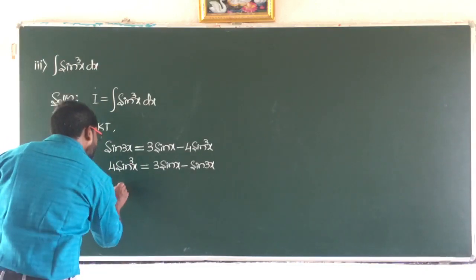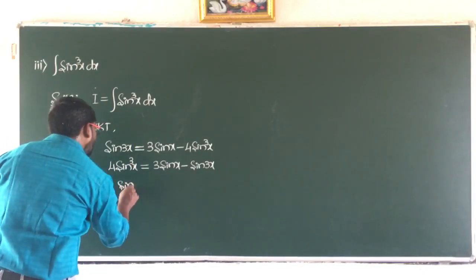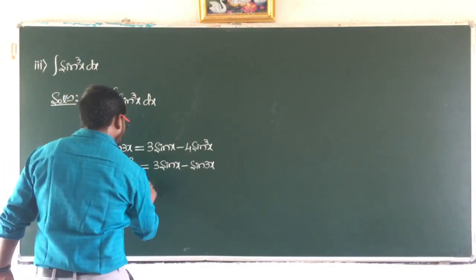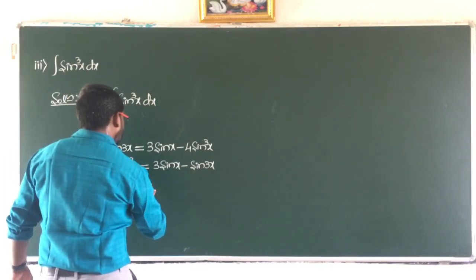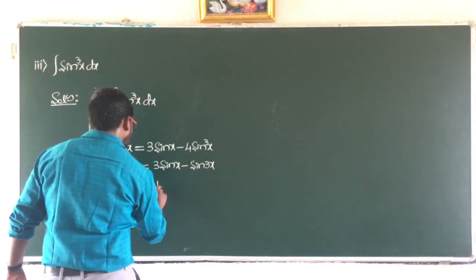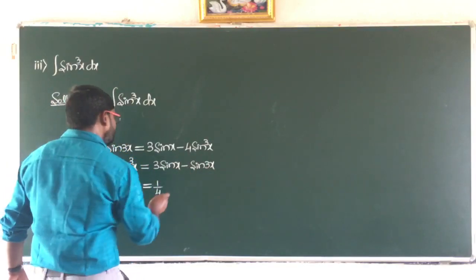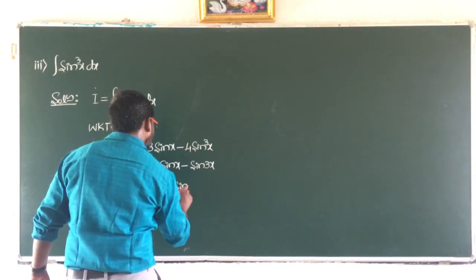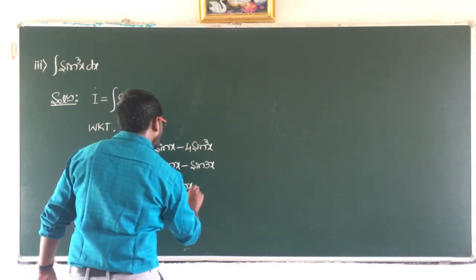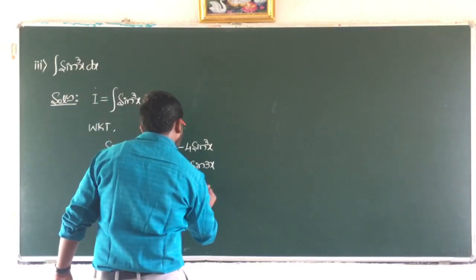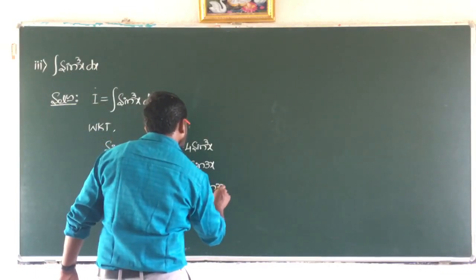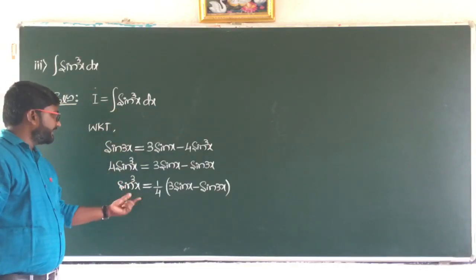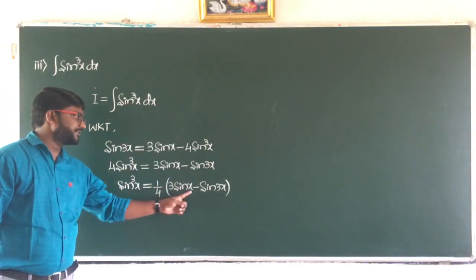So sin cube x, which is equals to, it becomes 1 by 4 into this term as it is 3 sin x minus sin 3x.